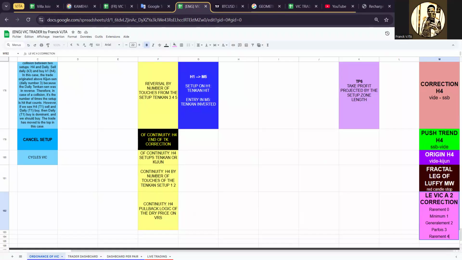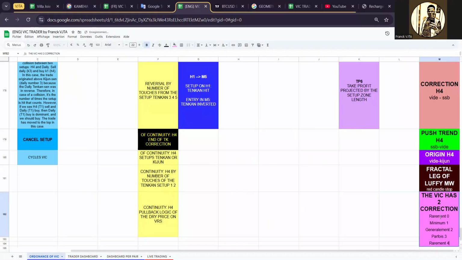So then you have the fact that the Vjta Ishimoku cycle has 2 corrections maximum.